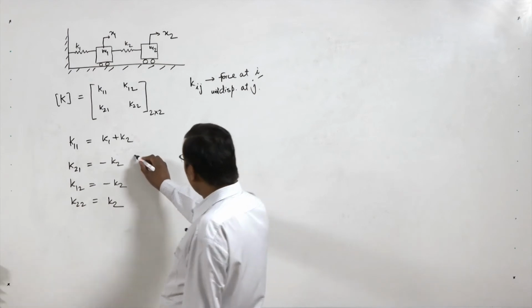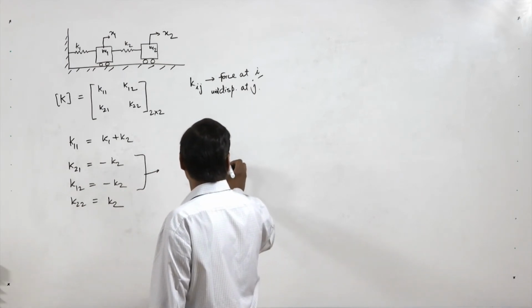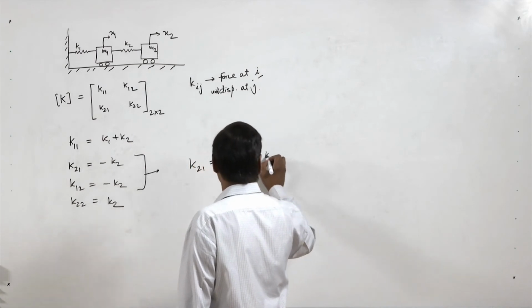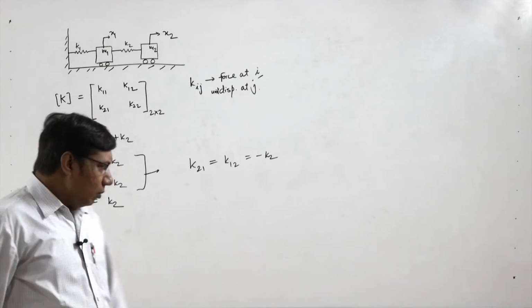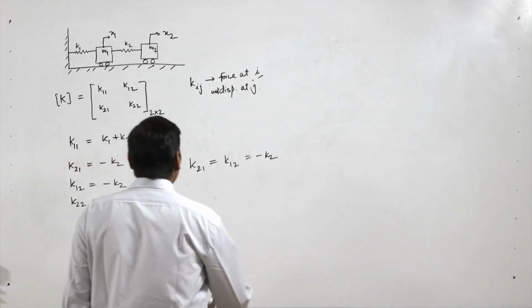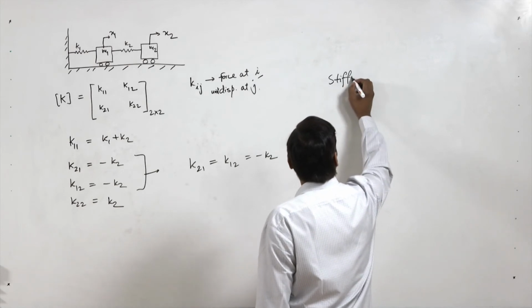So again from here we see that K21 equal to K12 equal to minus K2 due to the reciprocal theorem. Now we can write our stiffness matrix.